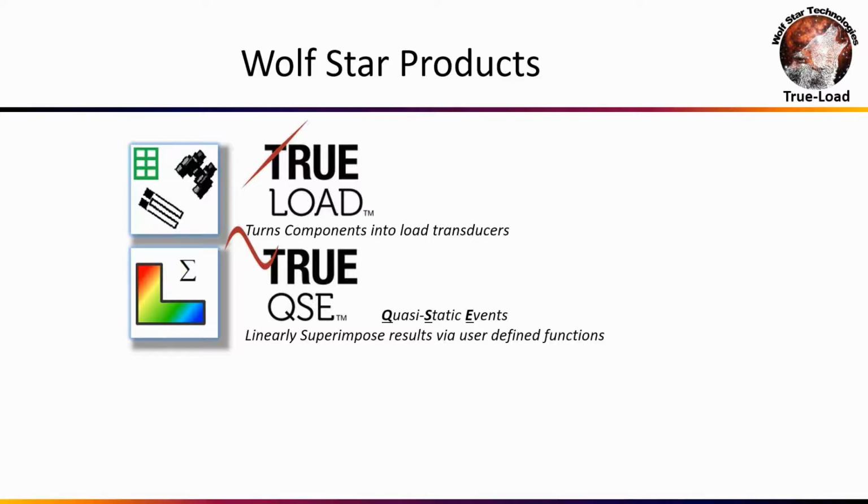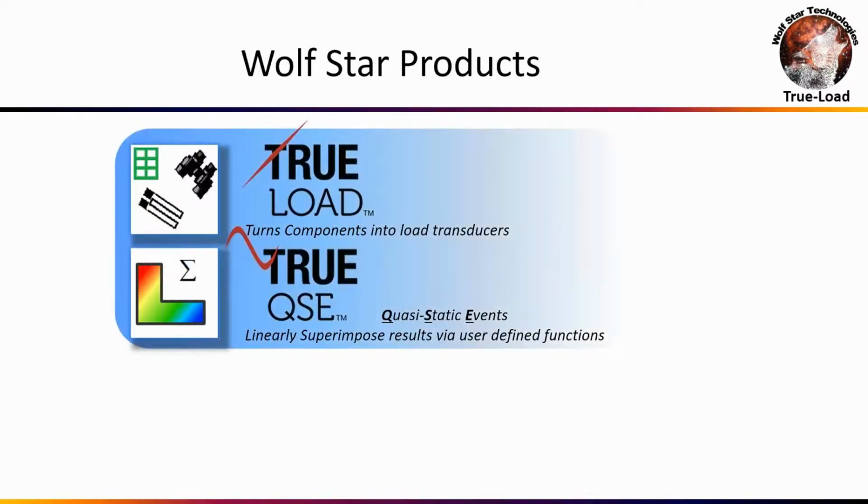And that's great by itself, but what happens with TrueLoad is we're going to create time histories of loading from your measurements, and now we're going to take those time histories of loading and use TrueQSE to reproduce any stress or strain at any node or element you want, or we can generate operating deflection shapes. So TrueQSE is basically the post-processor for the loads you measure with TrueLoad. And TrueQSE is so important in the whole technology that when you buy TrueLoad, you get TrueQSE automatically. So we bundle those together.